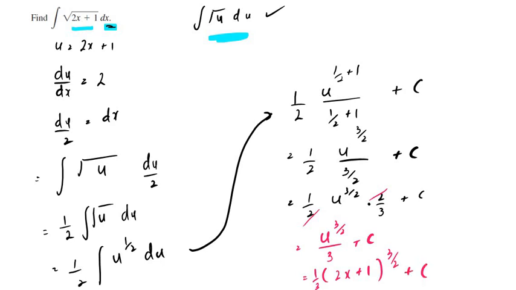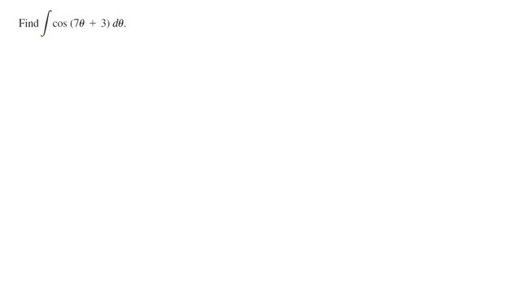Let's do one more example. So let's look at this function. Now we know the integral of cos u du. So what we want to do is convert this to this form. That's our purpose.